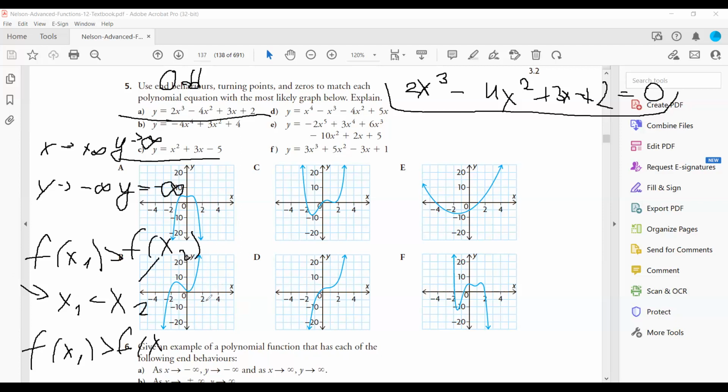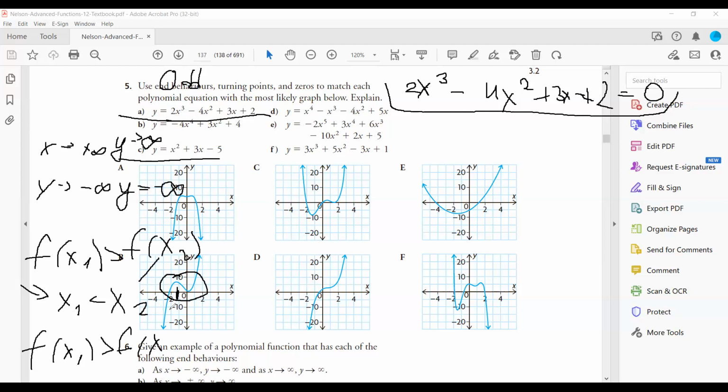Because look, for graph B, this is graph B we have here. For graph B, when x is -1, we can clearly see it. When x is -1, the function takes a positive value.